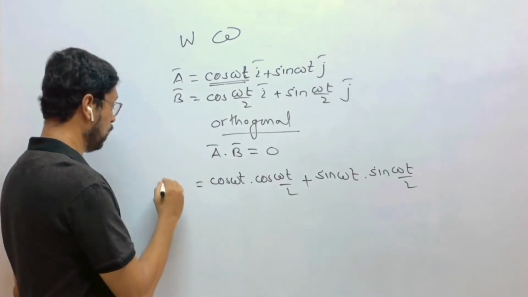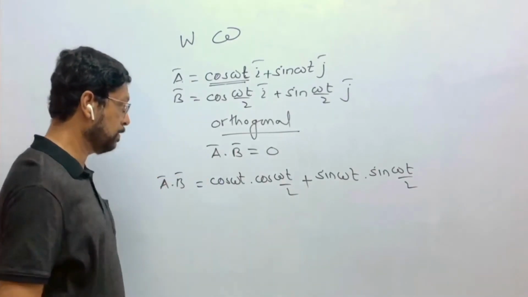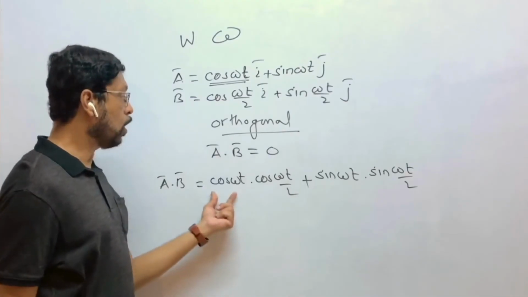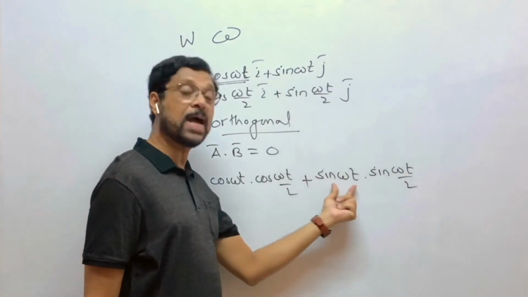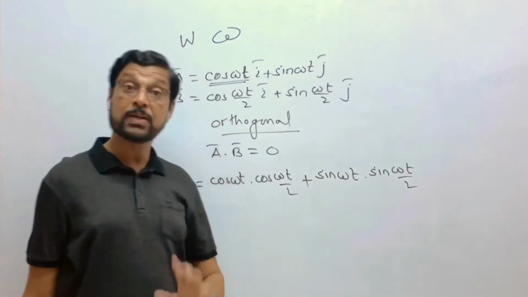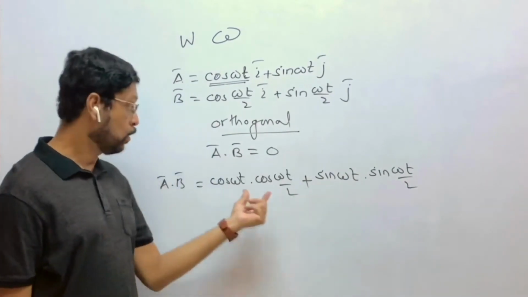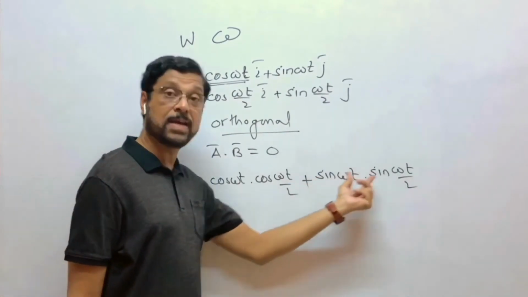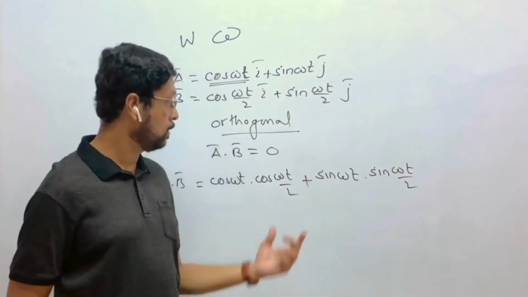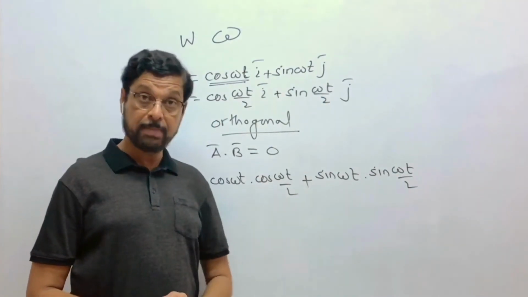This is the value of A dot B. So cos A cos B plus sin A sin B. Trigonometric identity: cos A cos B plus sin A sin B will be cos of A minus B.